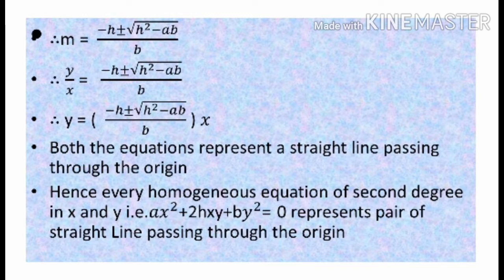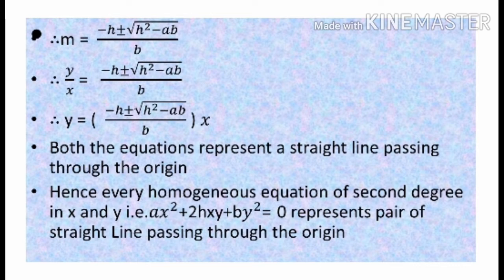Now in the second case, if h² − ab = 0, then the lines reduce to the form y = (−h/b) x, and the second line is also y = (−h/b) x.